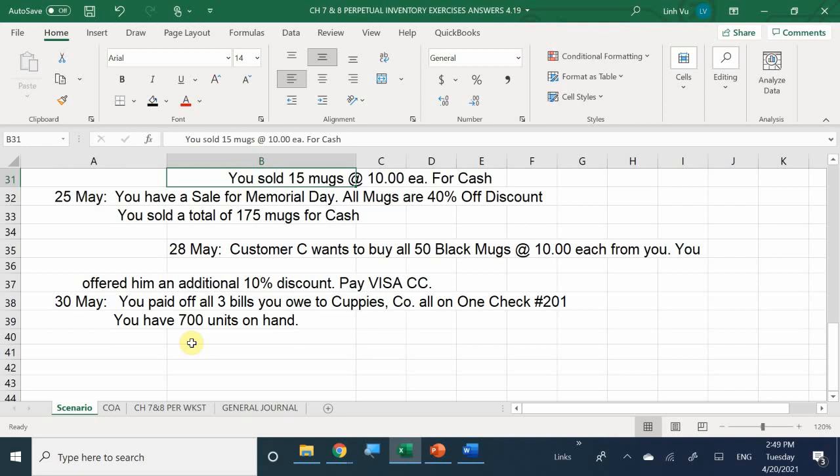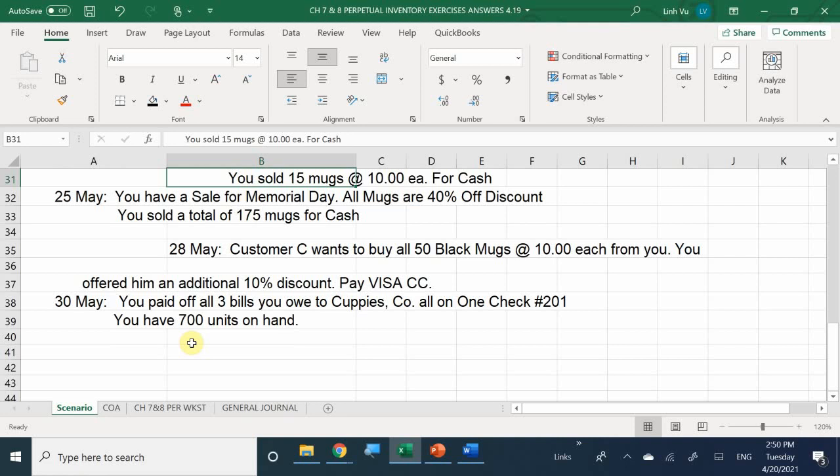Okay. So now that we've got rid of all of our black coffee mugs, we still sold them at the regular price because remember the difference between black and the brown mugs is just the color. It's the same size, same mug. So I'm still going to charge at least $10 for it. But because he's taking the whole entire batch, we're going to offer him a 10% discount off of that.